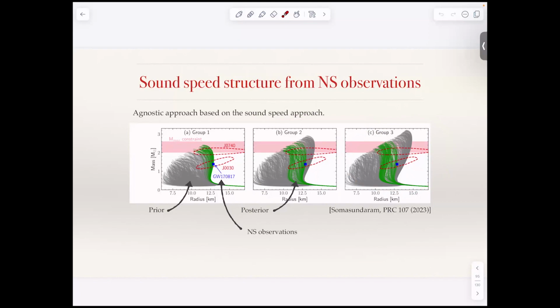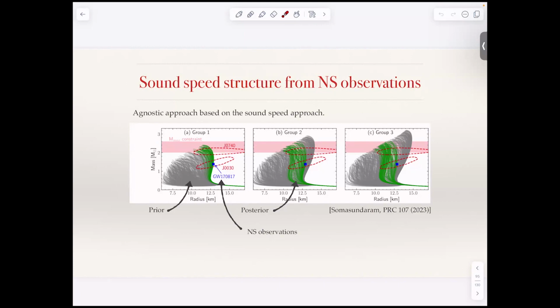So this is a way that you could use this agnostic approach in terms of masses and radii, in order to select, from a prior knowledge, a prior set of equations of state, the ones that survive the constraints.